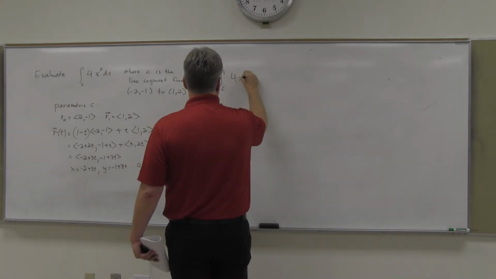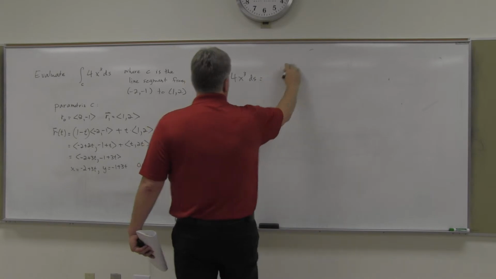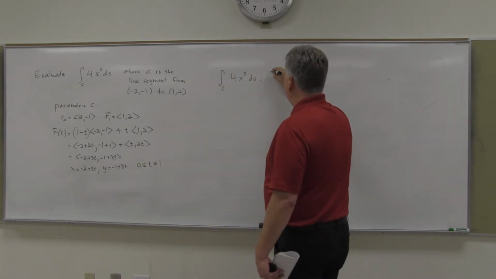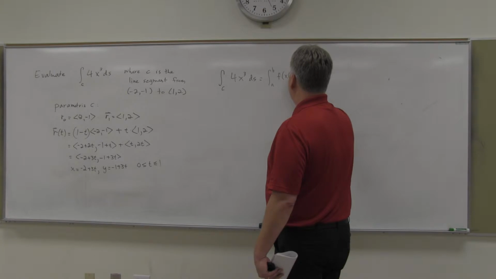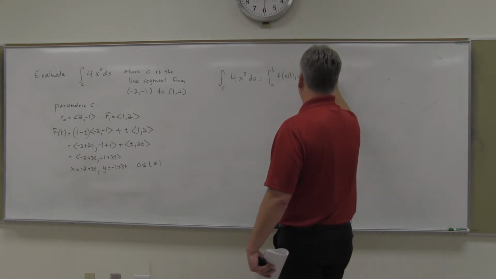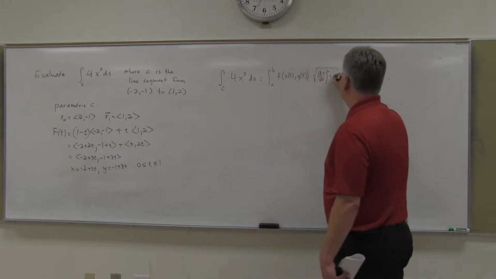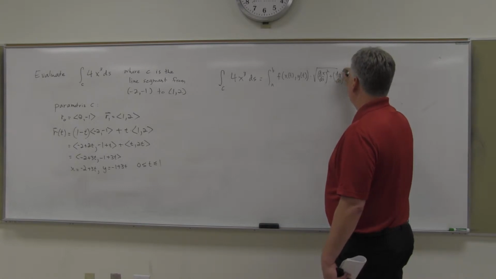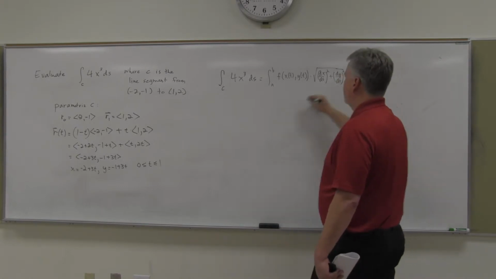For x cubed ds. All right, so again, the line integral, just to rehash that, we do the integral from a to b of f of x of t, y of t, times the square root of the sum of the derivatives, dx/dt squared plus dy/dt squared, dt.